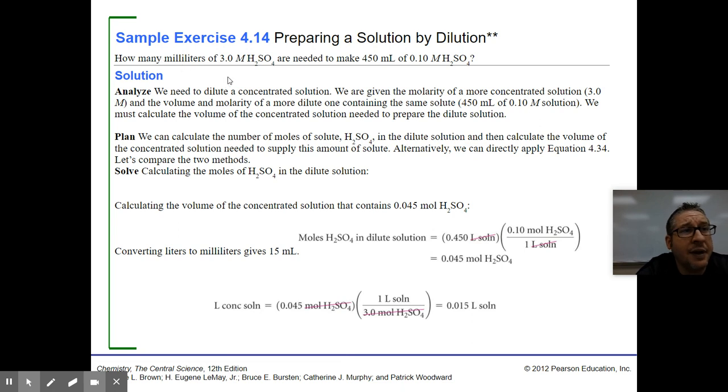How many milliliters of 3.0 molar sulfuric acid, H2SO4, are needed to make 450 milliliters of 0.10 molar H2SO4? So before we even get started looking at how they solve this, we have to identify what information we are given, okay? So we know that when we are talking about the molarity or concentration, either it being the MI or MF or MC or MD, however you want to look at it, those are always going to have molarity, okay?